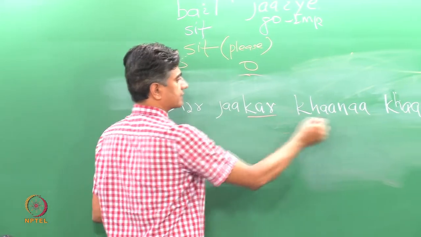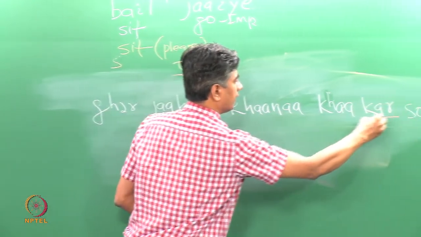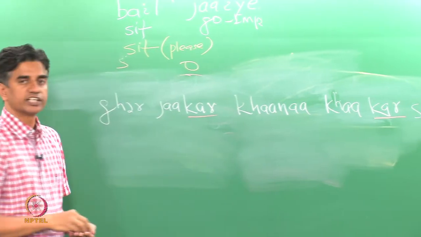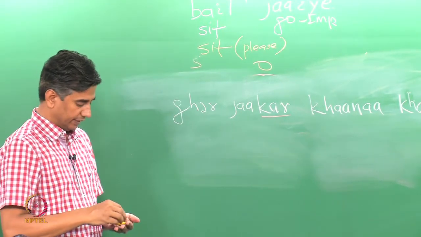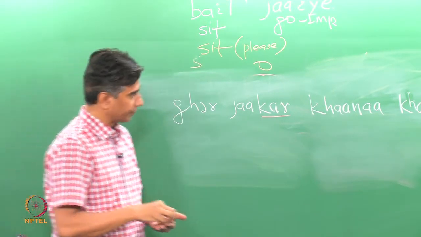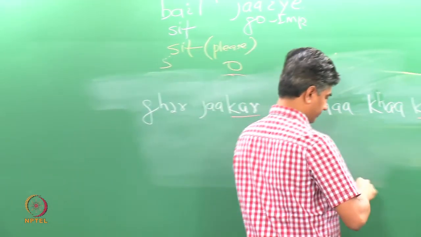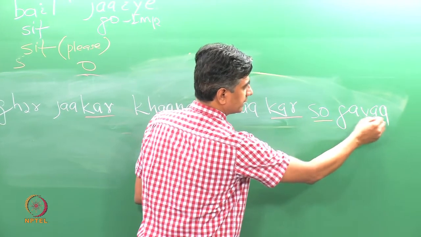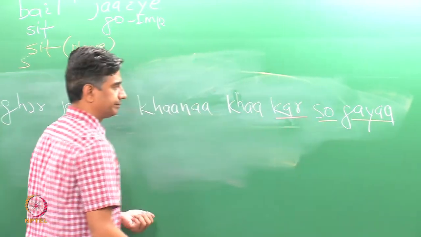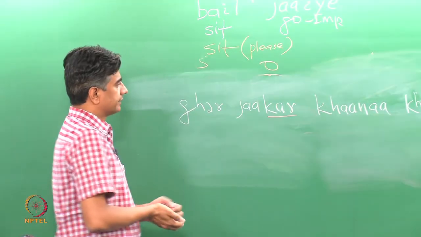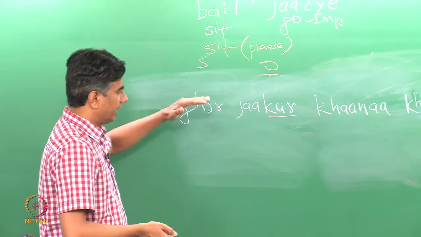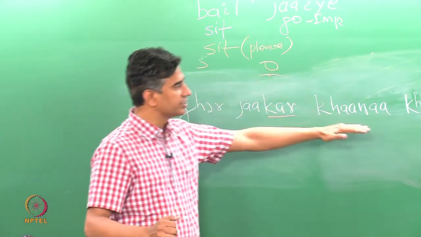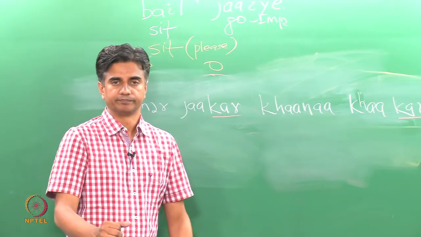These markers indicate conjunctive participle, and I am also giving you purposely an example of compound verb in the same sentence. This sentence means, having gone home after taking food, slept.